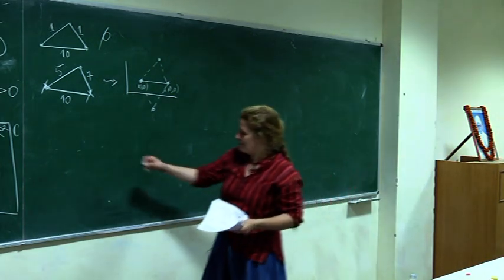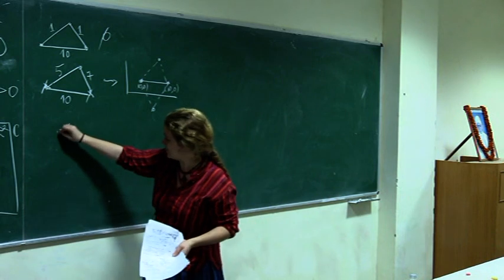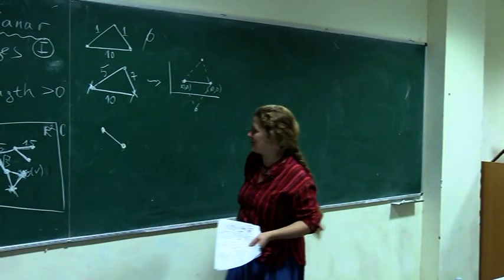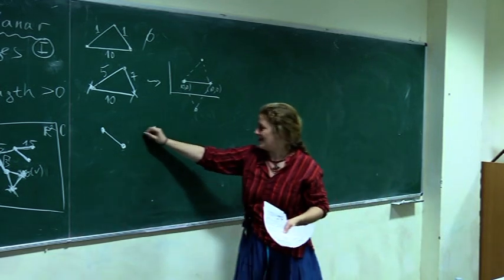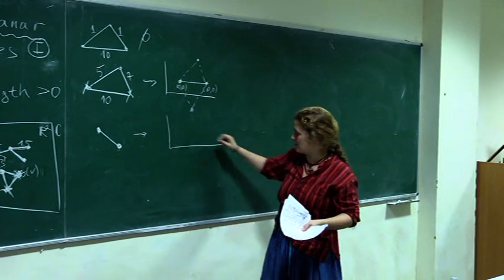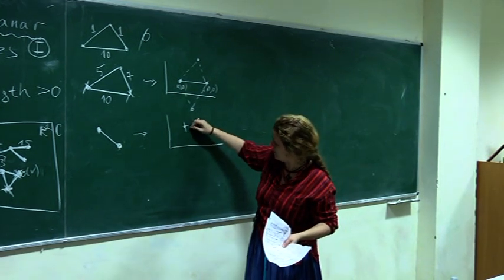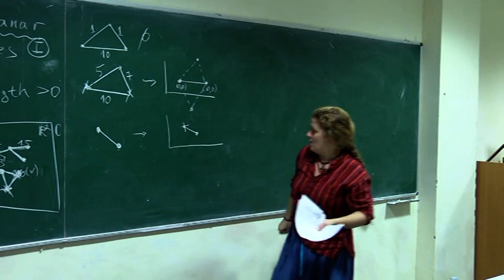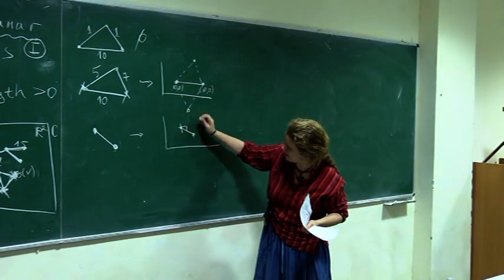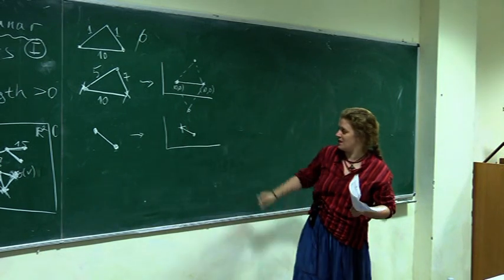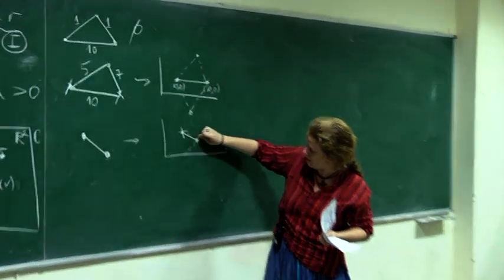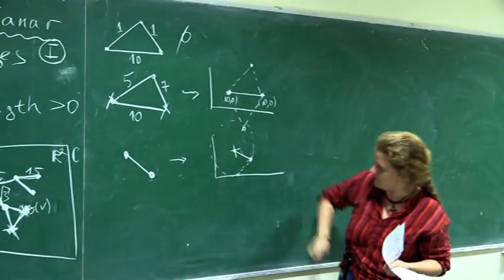The next example is a pendulum. Suppose we have a very simple graph, two vertices and an edge, and we embed it on our plane like this. We fix one vertex and another is free, and here we have a length. So this vertex can travel on a circle, right?